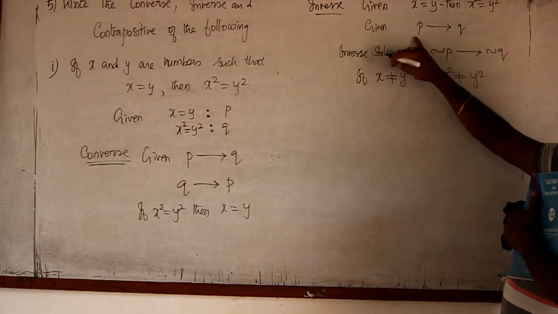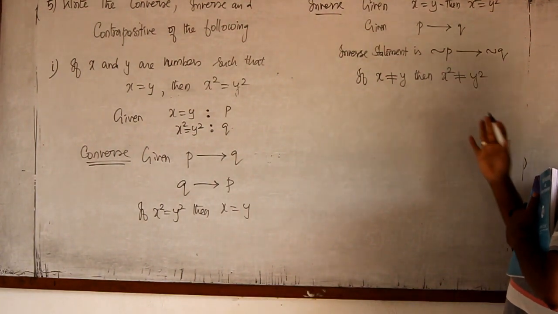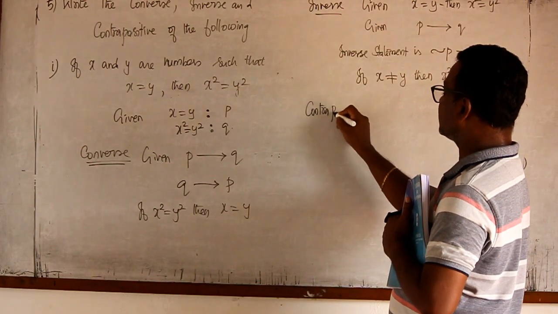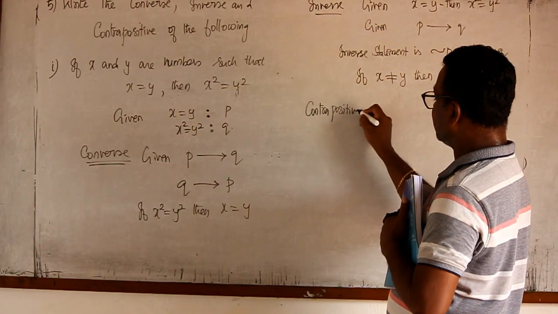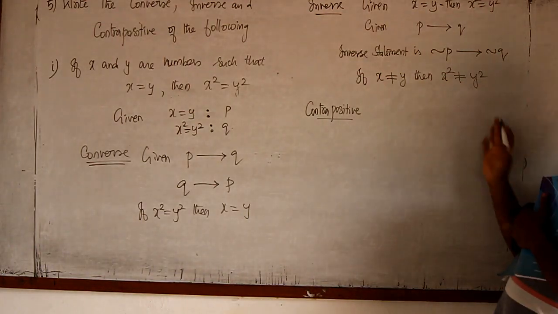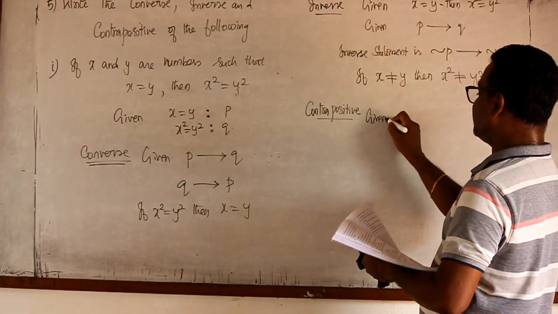I must change the negative of the first statement, and also the negative of the second term, but not change the order. For the contrapositive, I must change the negative, and also I must change the order. What is given?